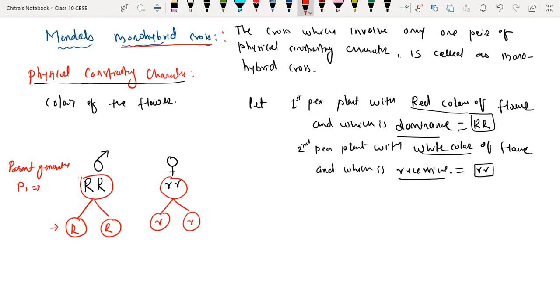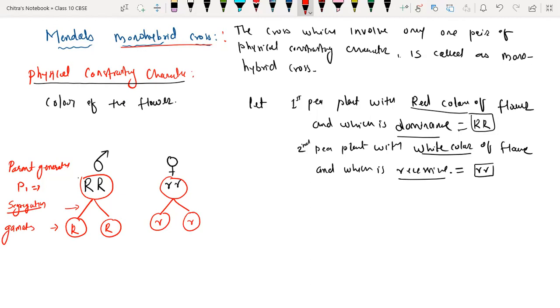They are called gametes, and the formation of gametes from the parent cell is called segregation. So segregation is the formation of gametes from the parent cell. You are getting the point, everyone?